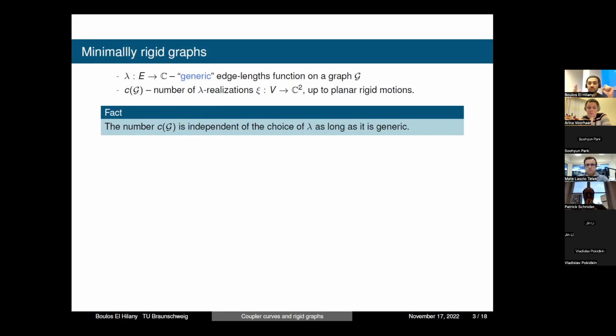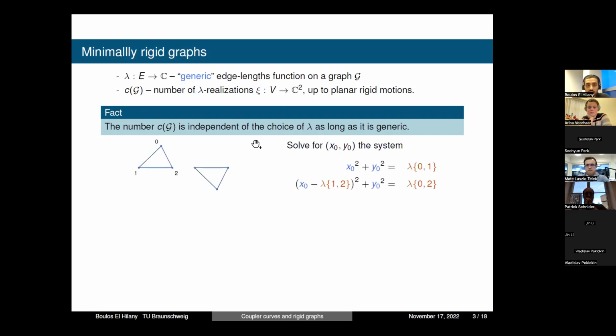Now, if the choice of the coefficients is generic enough, so it's outside a certain discriminant, then we have a fixed number of complex solutions. And this is why we can say that one can define an invariant that depends solely on the graph, and that describes the number of the lambda realizations for any generic edge length.